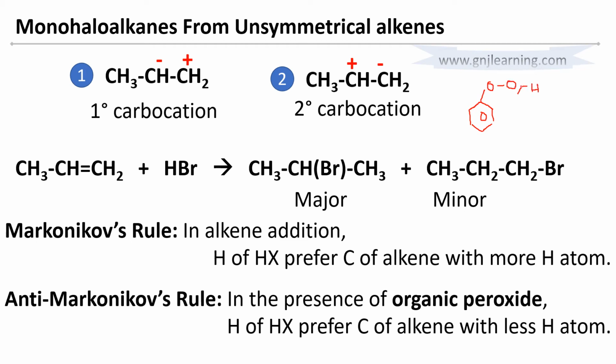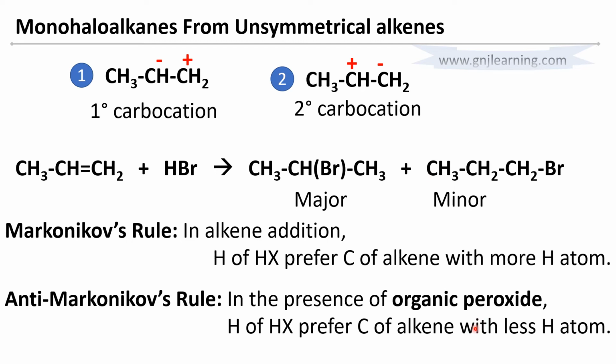This bond is called a peroxide, and if it is attached to an organic compound, it has the ability to reverse this Markovnikov reaction. There is a special mechanism for that, but it is beyond the scope of our syllabus, so we will not discuss it.